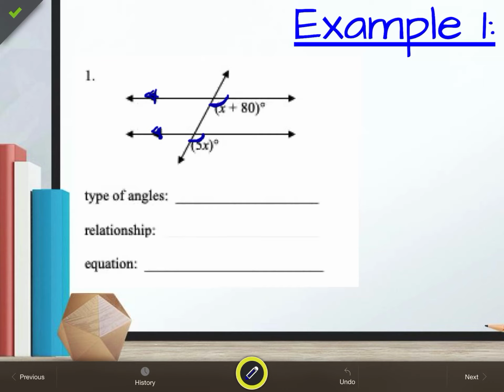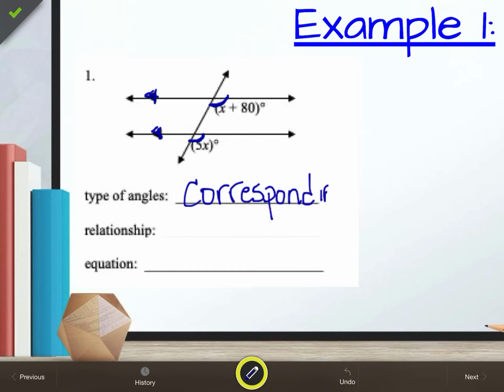Then I also have to look at their position. So if I look, the x plus 80 is inside my parallel lines. The 5x is outside my parallel lines. So I have two angles that are on the same side of the transversal. One of them is inside my parallel lines, one of them is outside my parallel lines. Okay. What angle pair is that? That is your corresponding.